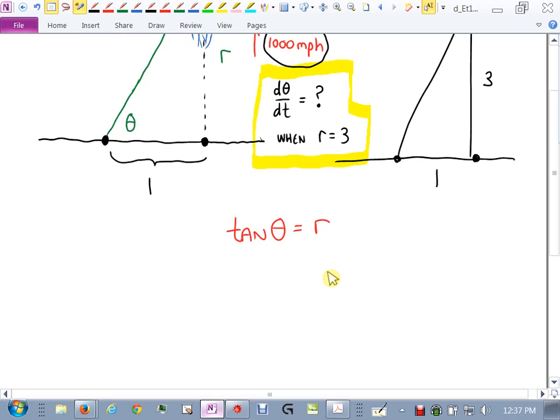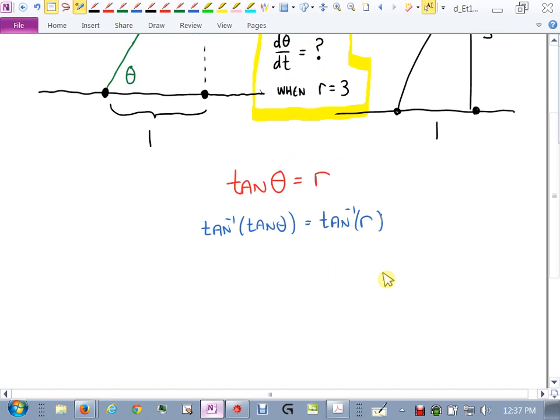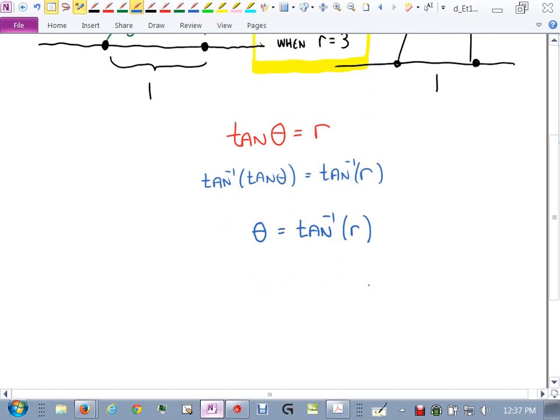So I'm going to take arctangent on both sides of the equation. The left side becomes theta. The right side is just arctangent of r. And that's the equation I'm going to work with.